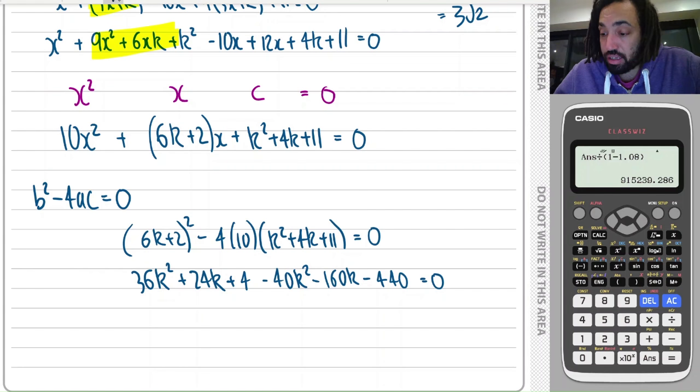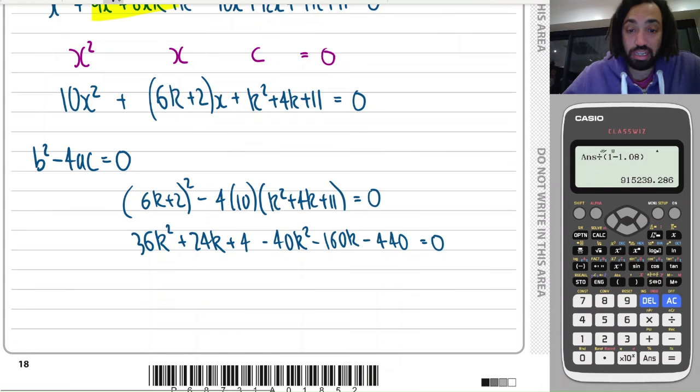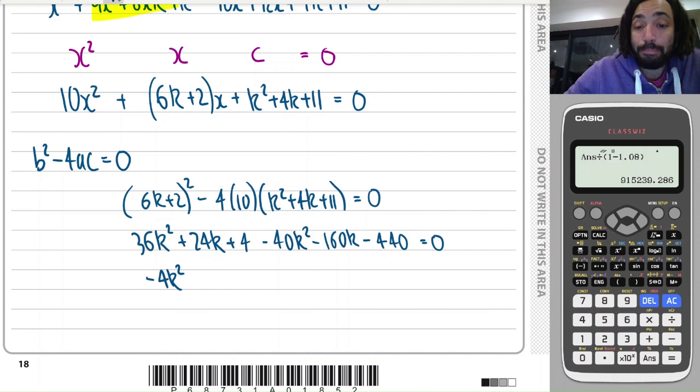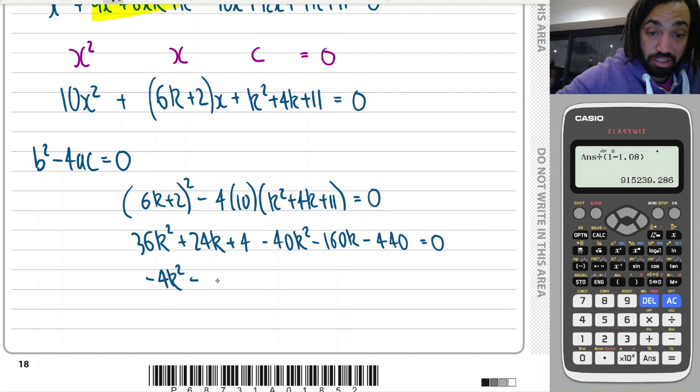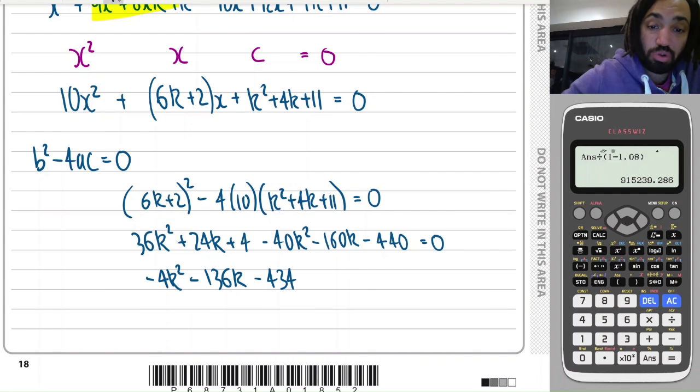Okay, and moving on, we are going to look at the k squared, so we've got minus 4k squared. We've got minus 136k, and we've also got minus 36 equals 0.